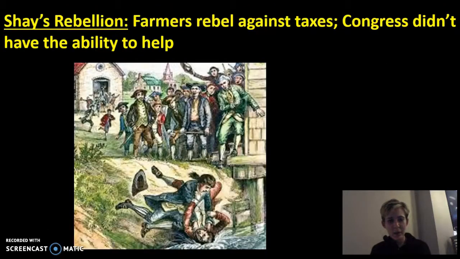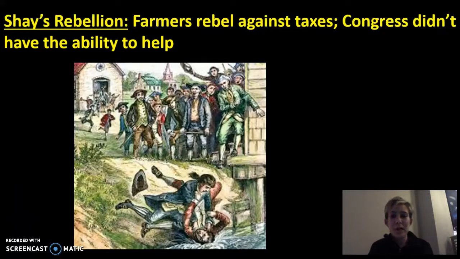So here's an example of just how weak the Articles of Confederation made the government. There's this thing that happens called Shays Rebellion. The government was trying to set up these taxes, but the government wasn't allowed to actually enforce taxes. So obviously, people aren't going to want to pay them, right? Because there's no enforcement.